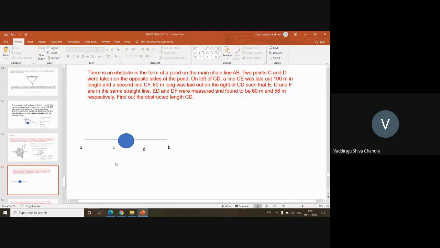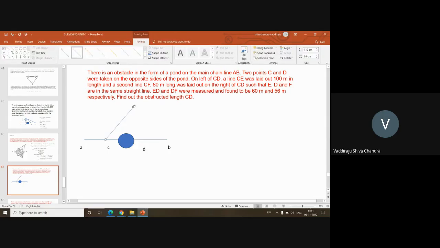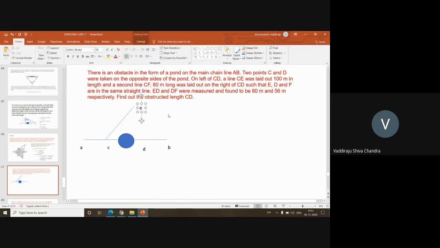Okay, which is the left of CD? This is C. This is D. Which is left of CD? So from here to here, he has laid out a line here, such that the distance was 100 meters. So let us assume that this point is E, okay, as per the given question.